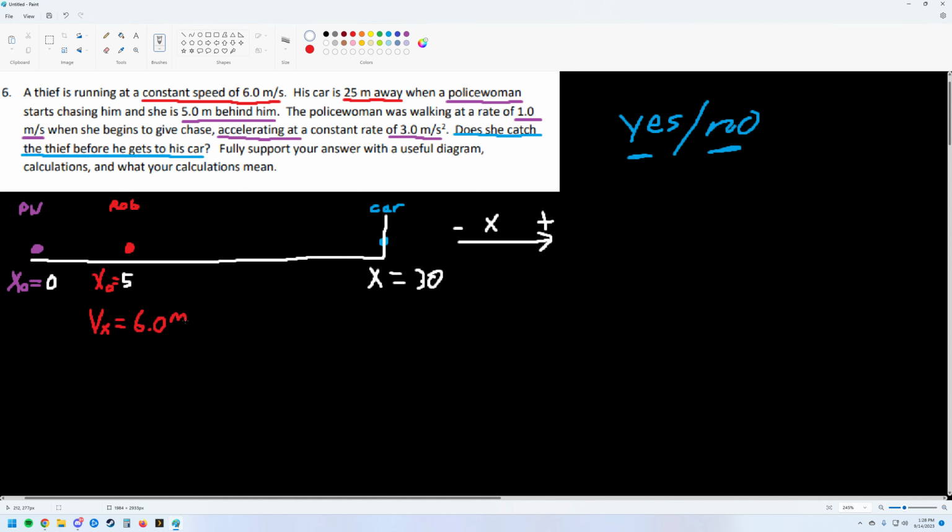I'm pretty sure it would also mean his initial velocity is also 6.0 meters per second, trying to make this neat, getting good habits here.